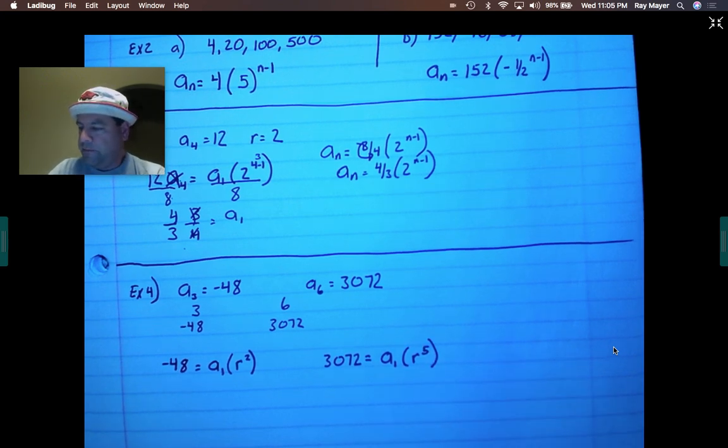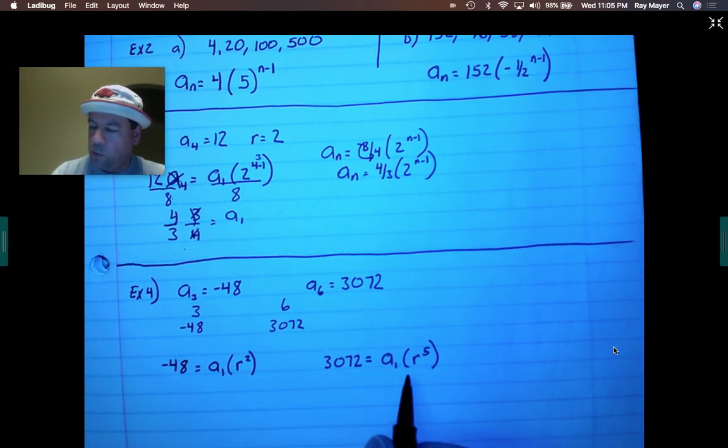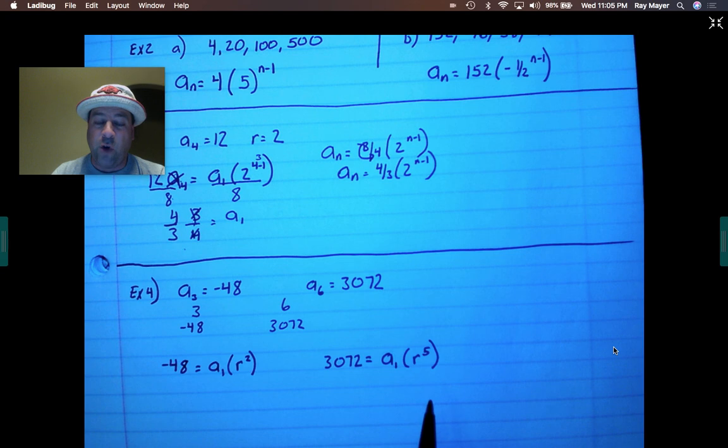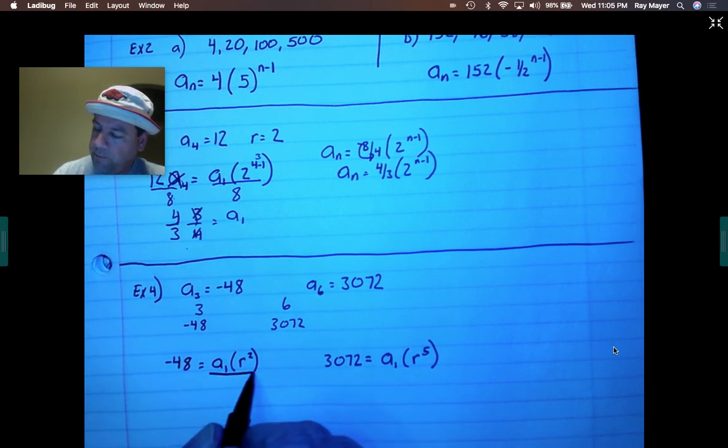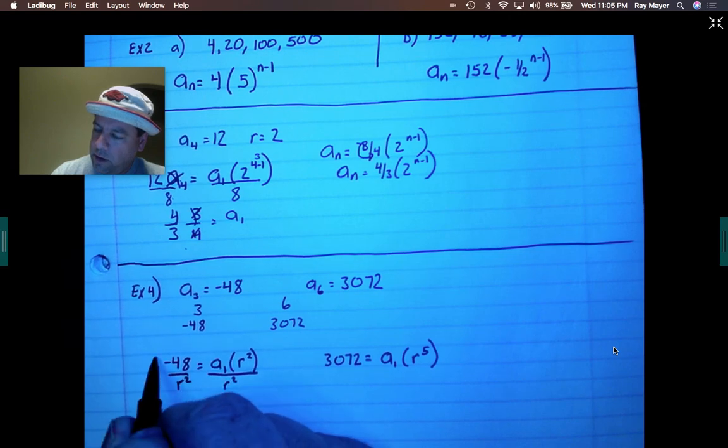Okay? Now, the easiest thing to solve for is probably a sub 1. You can solve this one for a sub 1 or solve this one for a sub 1. But if you solve it for r, you got to start doing some roots. You either have to do the square root or you have to do the fifth root. It's going to start getting a little bit nastier. Solve it for a sub 1. a sub 1 equals negative 48 over r squared.